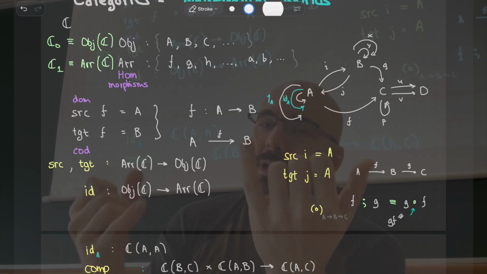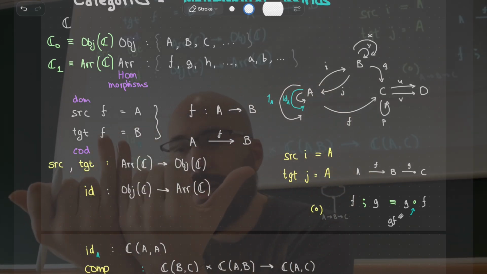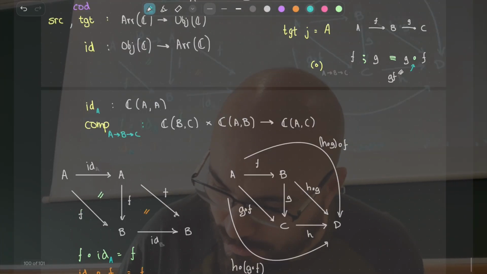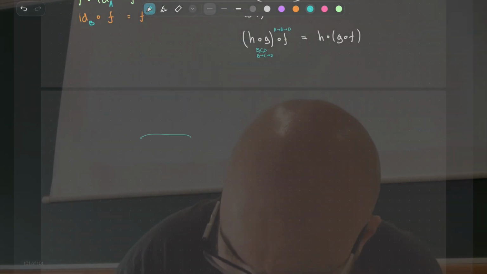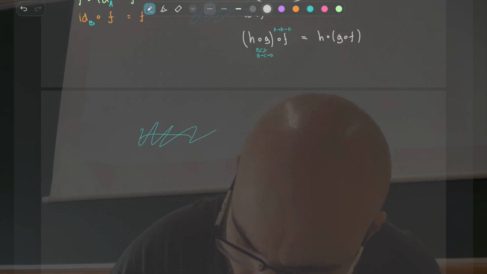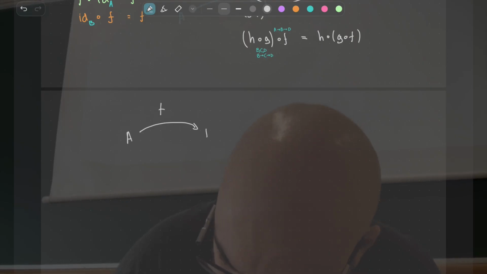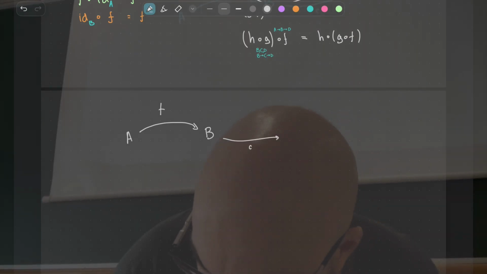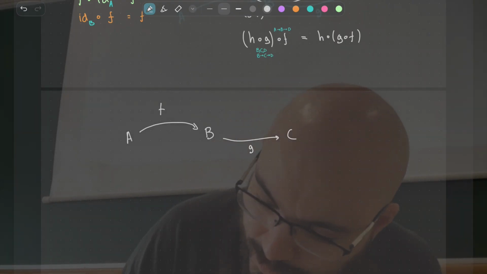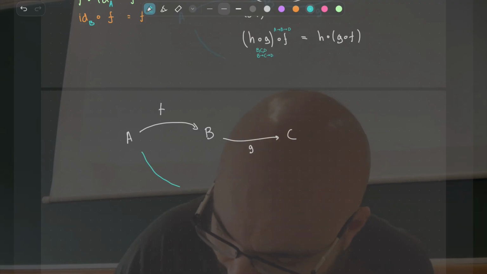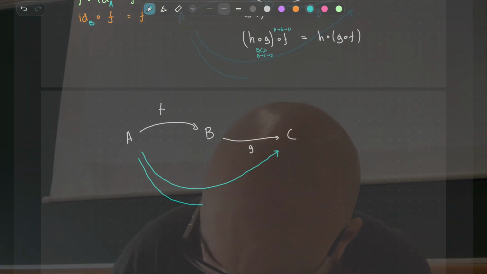Finally, you have to tell me for each pair of consecutive arrows, I will write this somewhere. Okay, so you have an arrow for each diagram like this, out of all these arrows, which may be many, how do I call the collection of all these things?